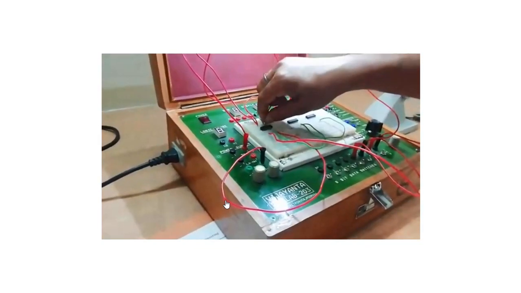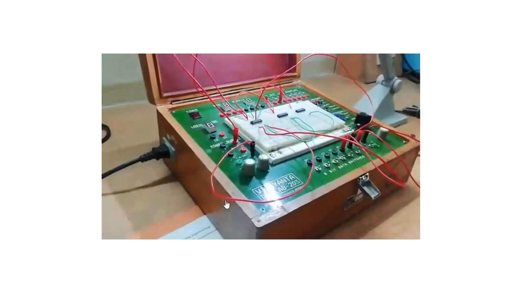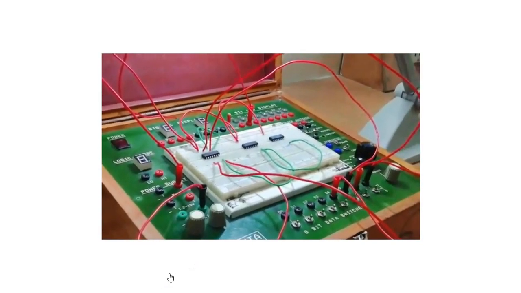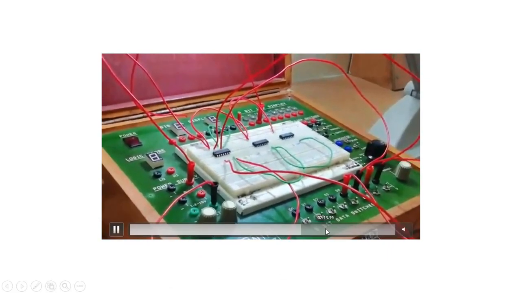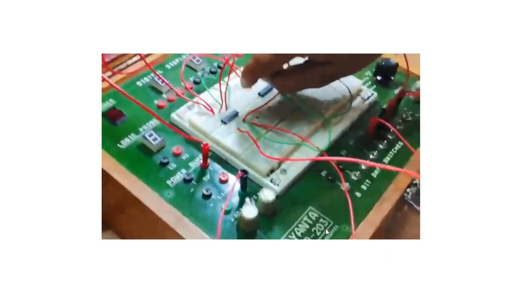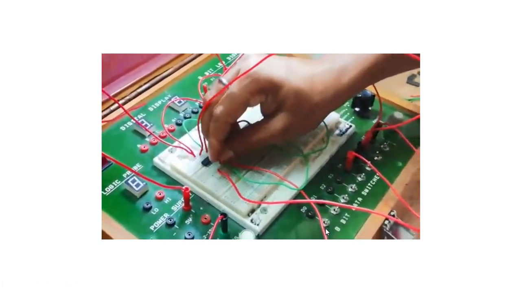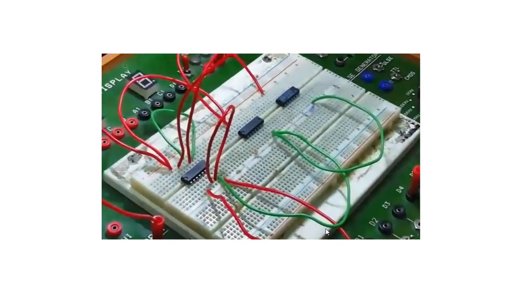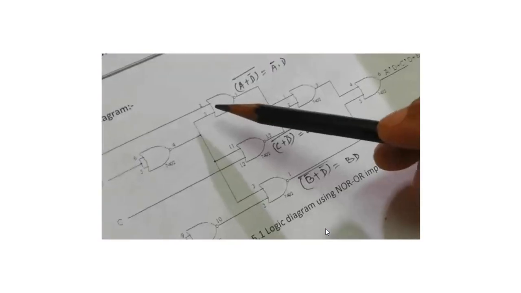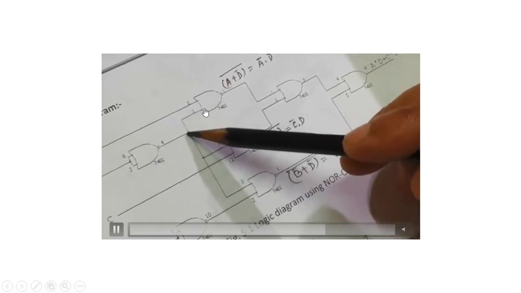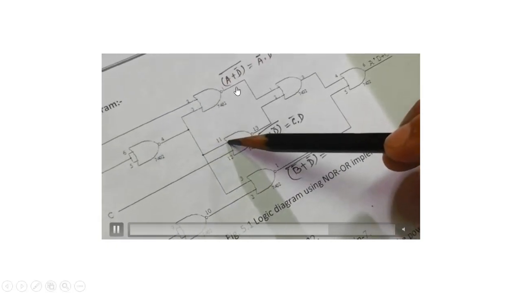So you are giving input. You make the connections one by one. You give input at pins 2 and 3 of this IC, and get output from here.